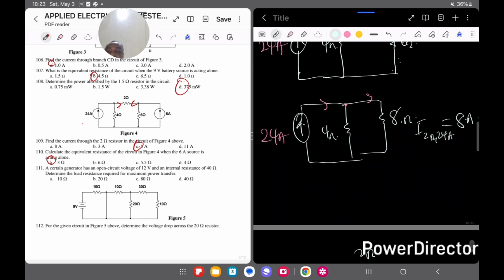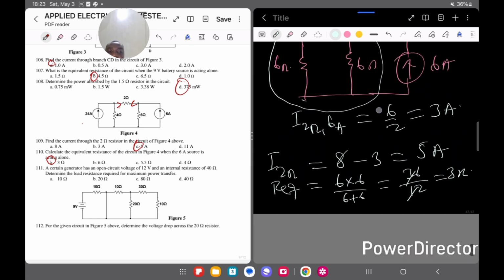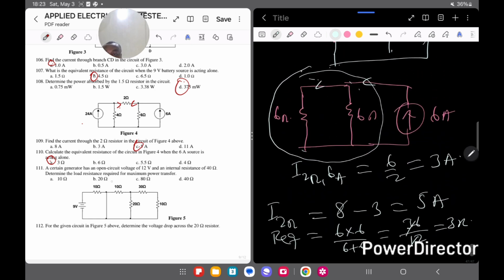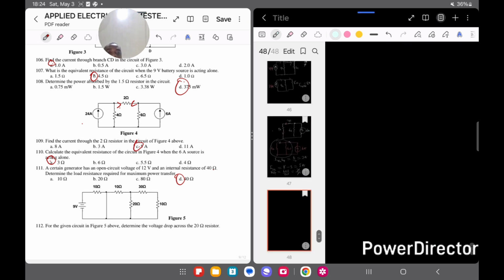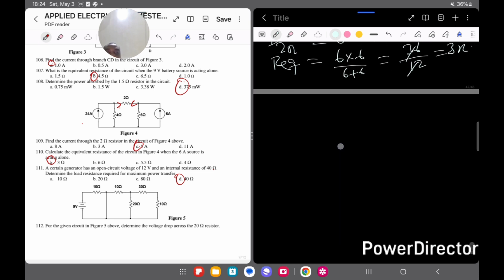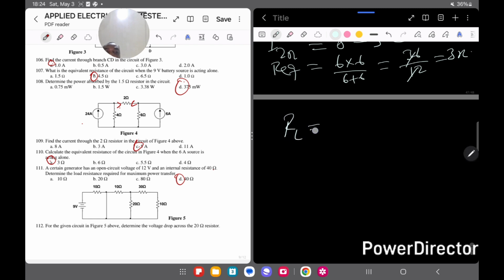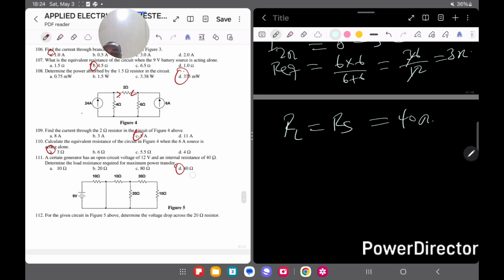So if we are trying to find the maximum power, I'm going to make sure that the load resistance also becomes 40. So the answer here is 40 ohms. Meaning the load resistance RL should be equal to RS, right? This formula. And RS is giving us 40, so this one becomes 40 ohms as well.